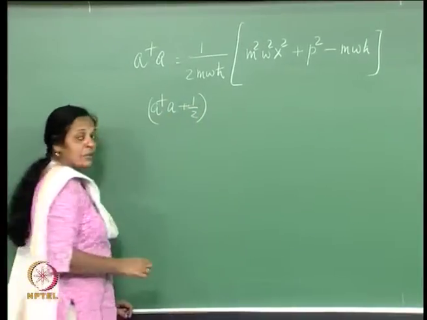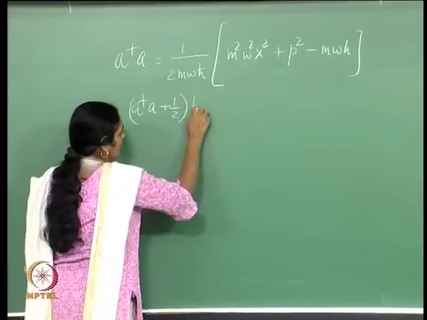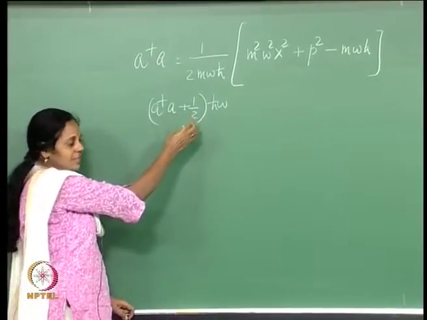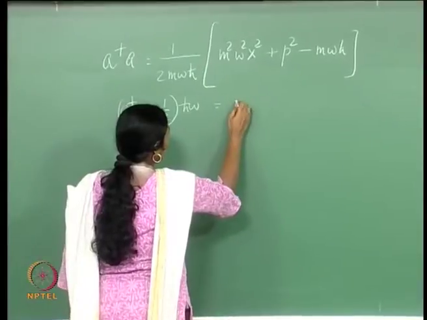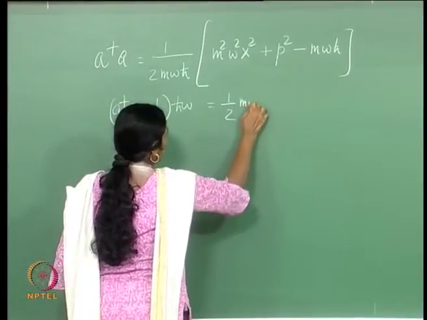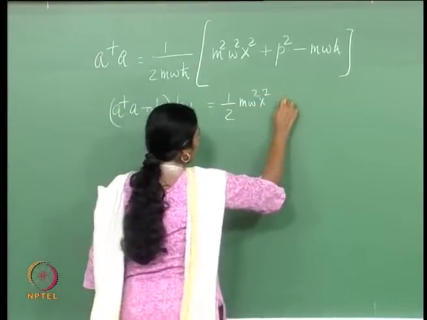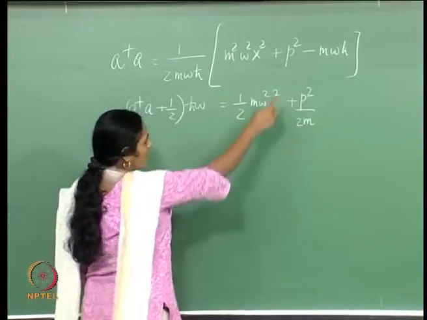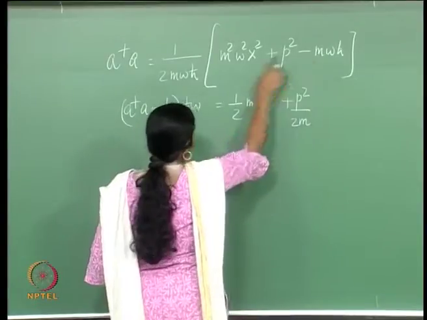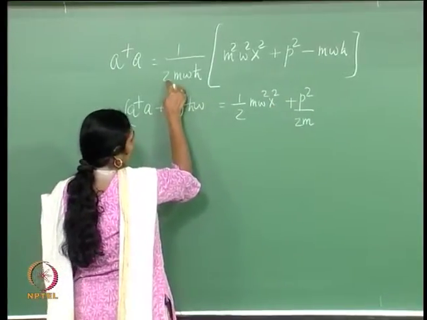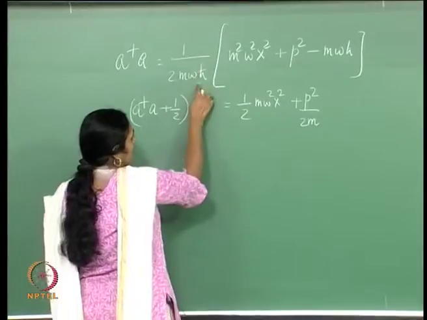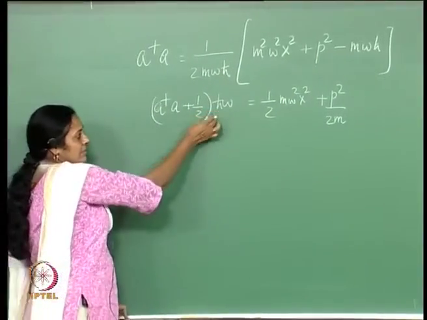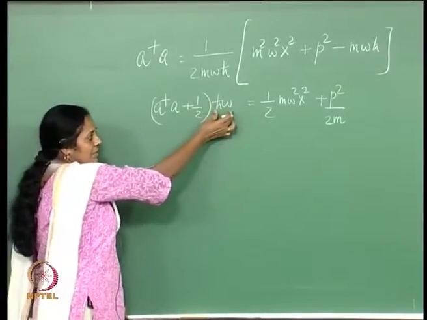that A dagger A plus half h cross omega, to give me dimensions of energy, is simply half m omega squared x squared plus p squared by 2m. All I have done is pull out this factor. There is a minus half that comes between this and that. I pulled it to this side. This is dimensionless.